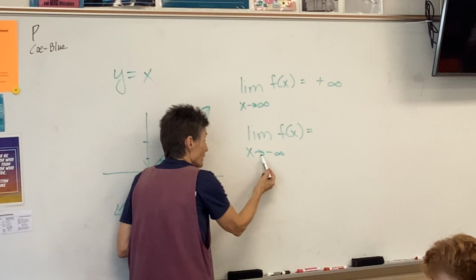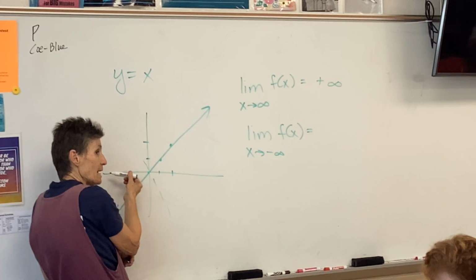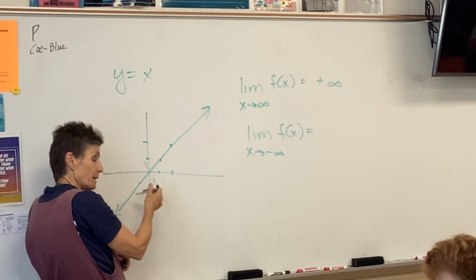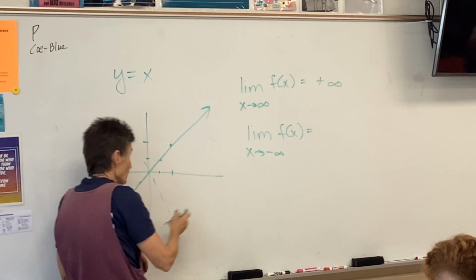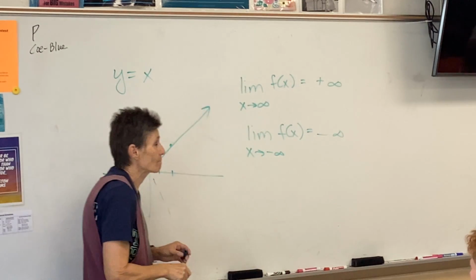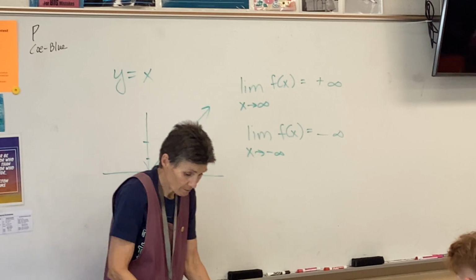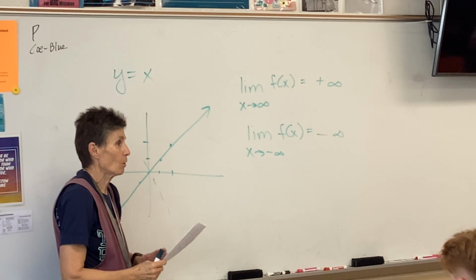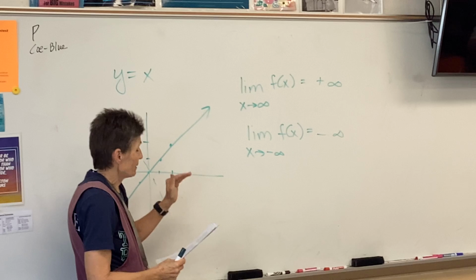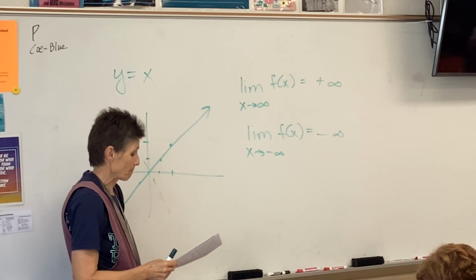What happens on the left side? This is the left side. X is approaching negative infinity. What's happening? Going down. We are not going to fill in everything for all of these, but we will the first couple just to see what's going on.